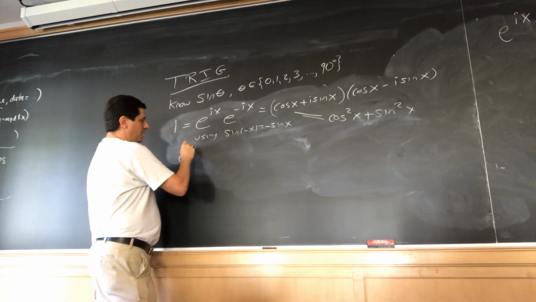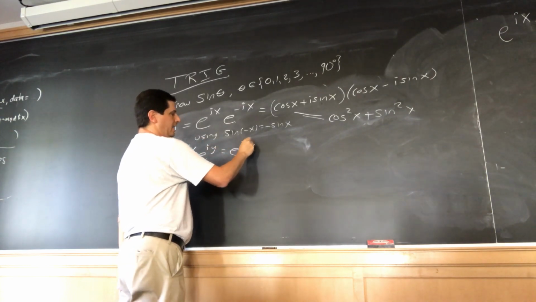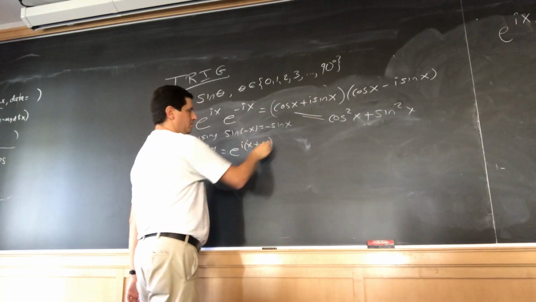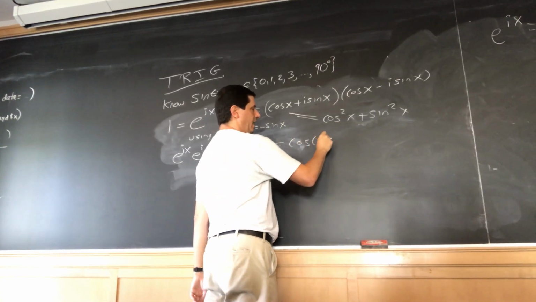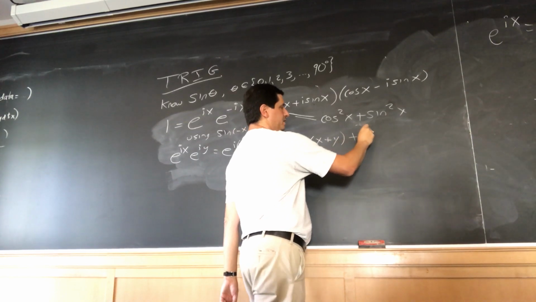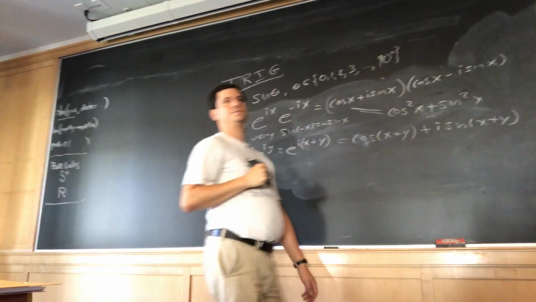e to the ix times e to the iy is e to the i(x plus y). This is going to be cosine(x plus y) plus i sine(x plus y).